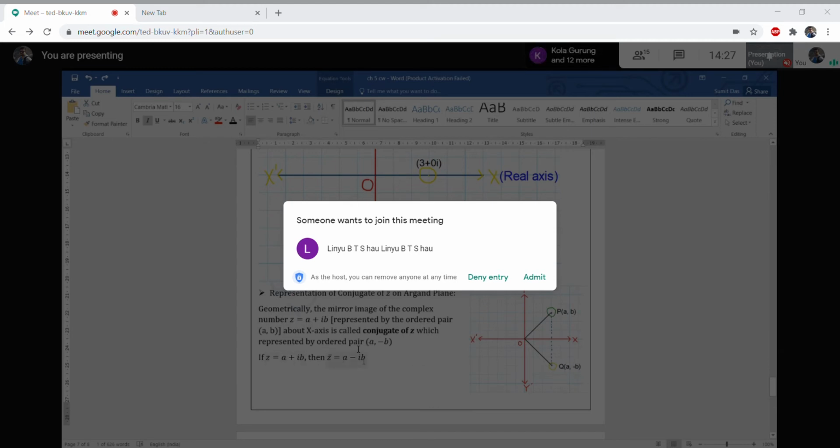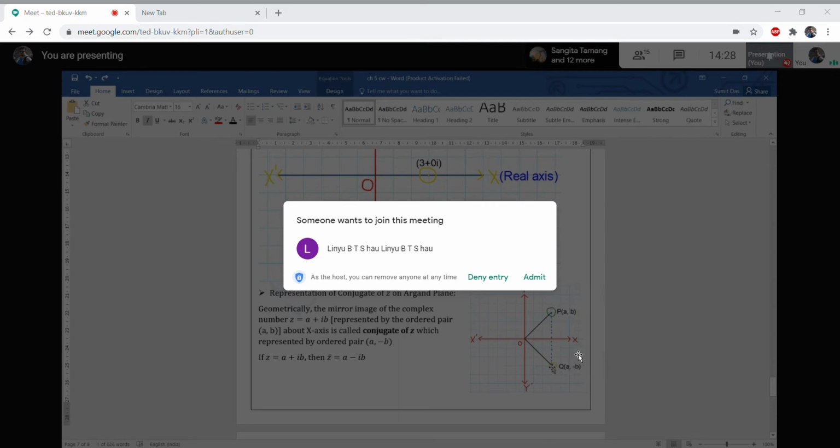Okay, someone, Nadia I guess, was asking, sir, why is it minus? This is the reason why it is minus. Understood? Conjugate means the mirror image of this point about the x-axis. Suppose the point is a real point, if you take the conjugate, the conjugate will be this point.